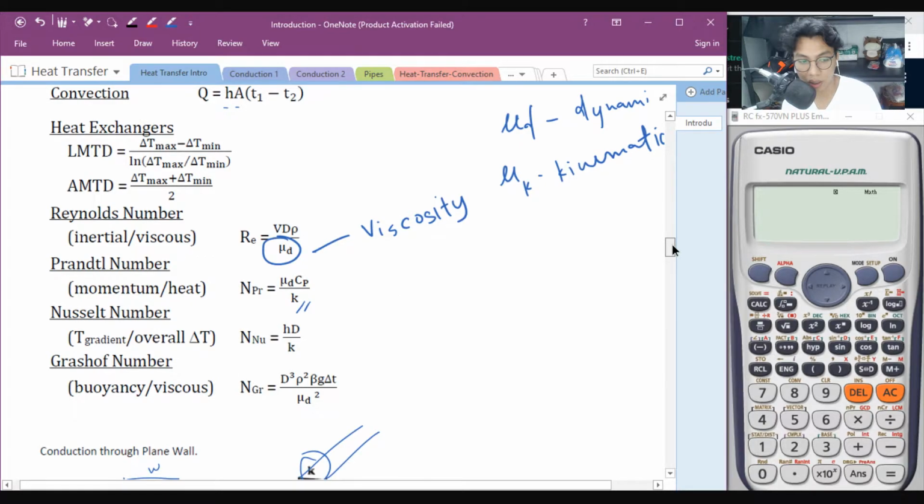And then Grashof number, the buoyant force divided by the viscosity. Ito, the beta, gravity, delta T, D diameter, and then density pa rin yung rho squared, yung beta, gravity, and delta T, over μ squared.